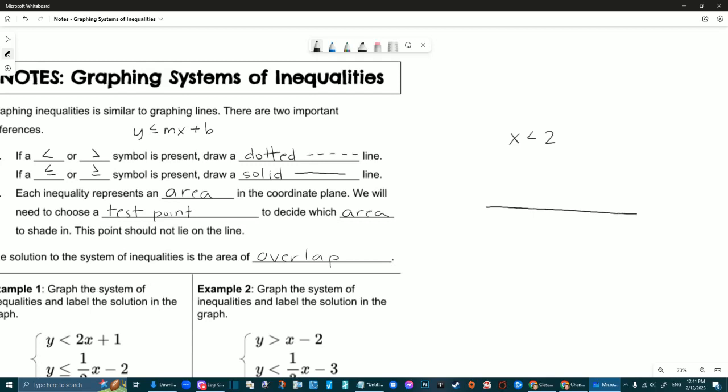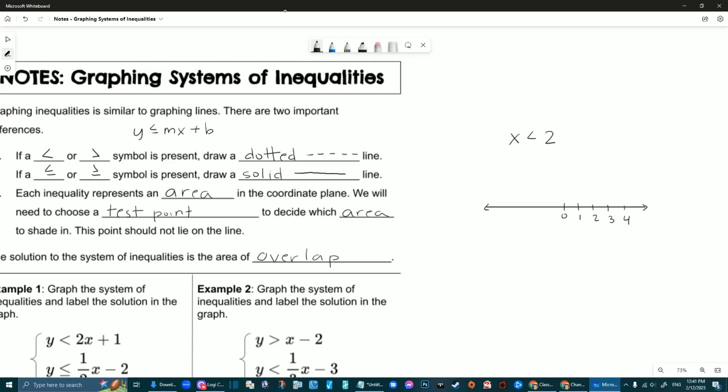For one variable, we drew a number line instead of a two-coordinate system where we had x and y. And then, we had to make some decisions about how we represented that inequality on our number line.